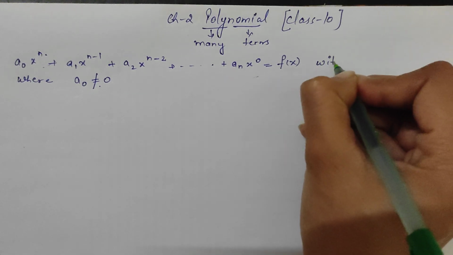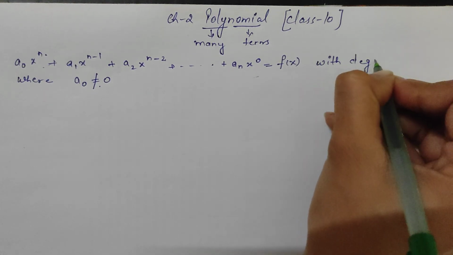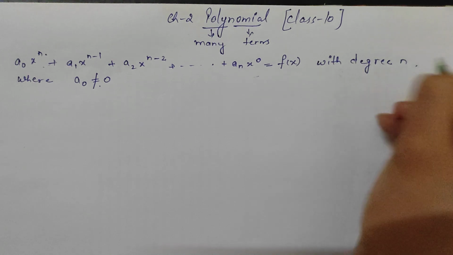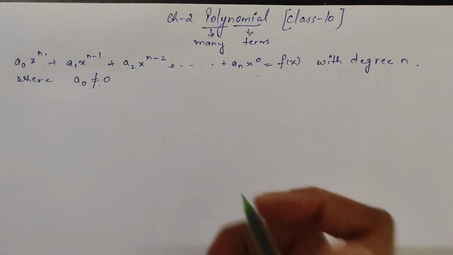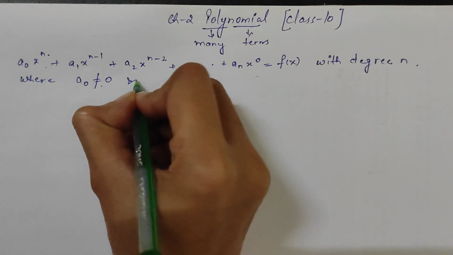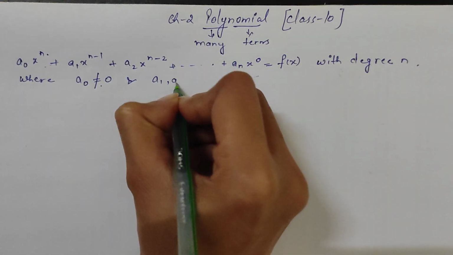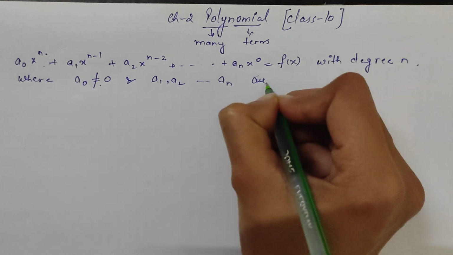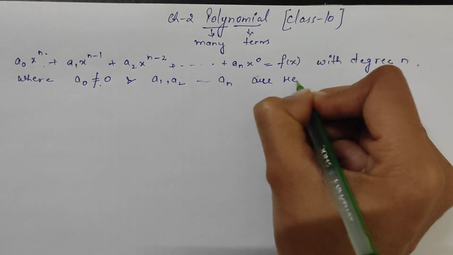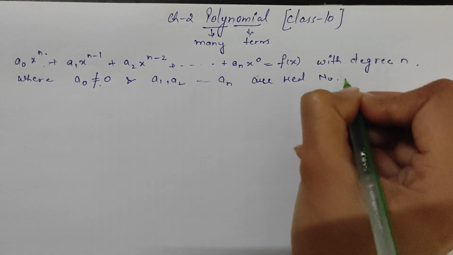instead of degree n, and a1, a2 and so on are real numbers. What does it mean?